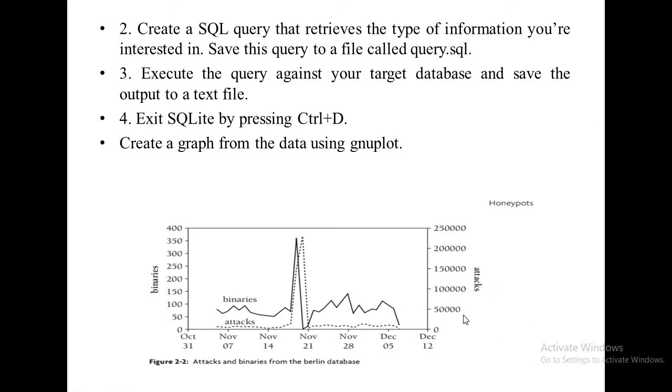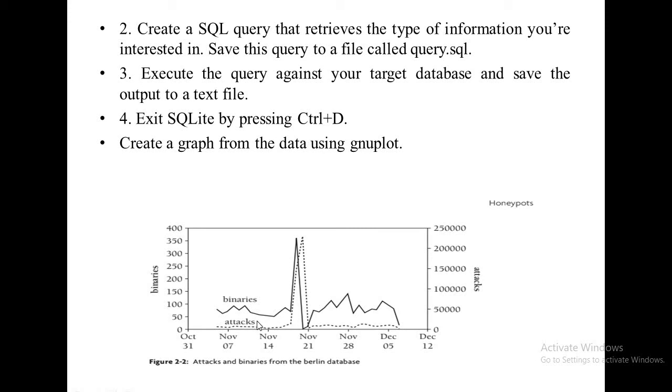What does this graph mean? On the right, we can see a column for attacks happened, and this is the binary files we have stored. Here is a dotted line and here is a strong solid line. The dotted line represents the attacks, and the strong steady line represents the binaries.